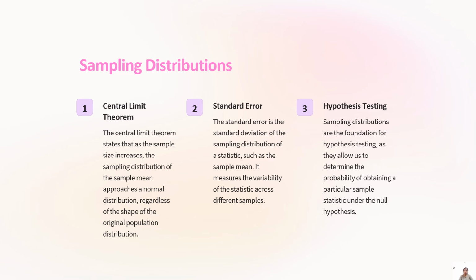It measures the variability of the statistic across different samples. Hypothesis testing. Sampling distributions are the foundation for hypothesis testing, as they allow us to determine the probability of obtaining a particular sample statistic under the null hypothesis.